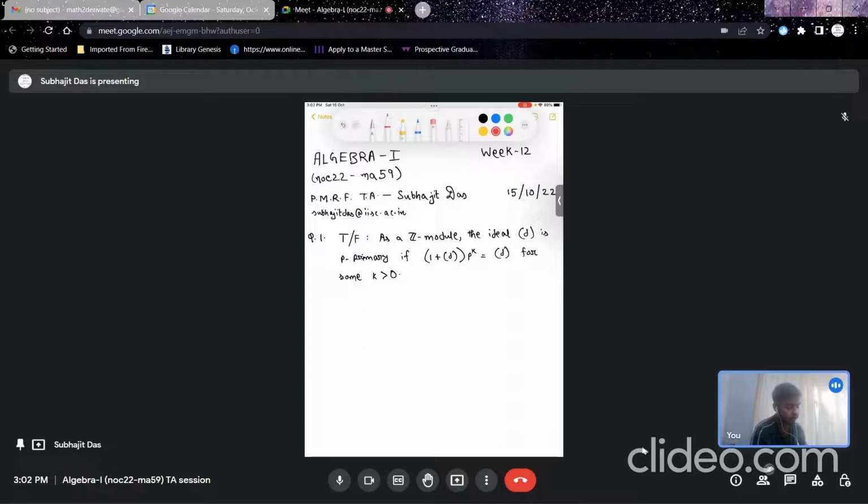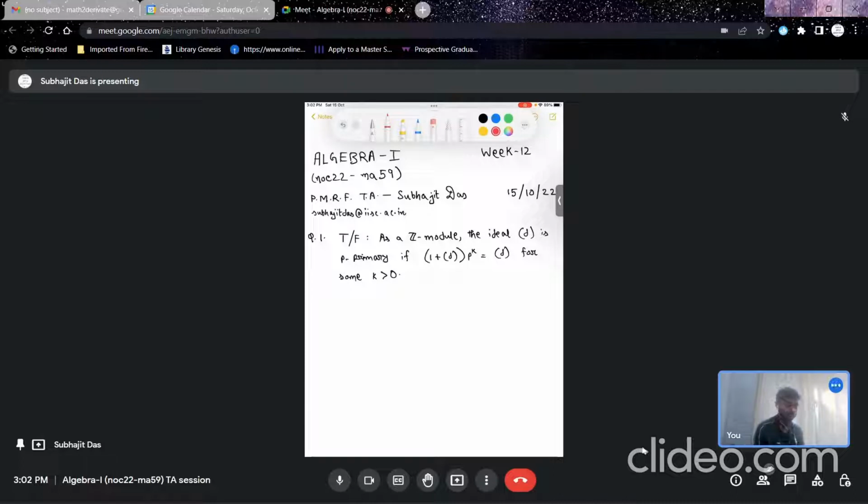So let's read out the question first. Question 1 says that we need to determine whether this statement is true or false: as a Z module, in other words as an abelian group, the ideal generated by some D is P primary if this holds, that if you take the coset of the ideal generated by D which contains 1, and multiply by P to the power K as a scalar, then this is equal to the ideal generated by D, which is equivalent to saying that P to the power K is in the ideal generated by D, or in other words D divides P to the power K for some K greater than 0.